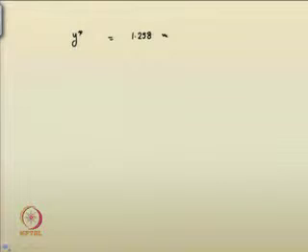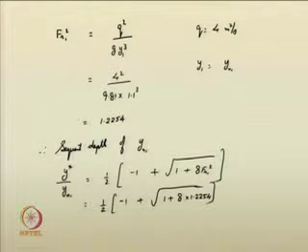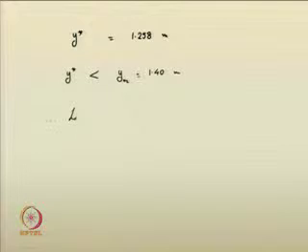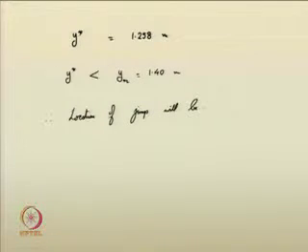You can verify that; this ratio is equal to 1.1434. Therefore, y star is equal to 1.258 meter. You are seeing that y star is now less than yn2, which is 1.4 meter. Therefore, the location of the hydraulic jump will be in the upstream channel.